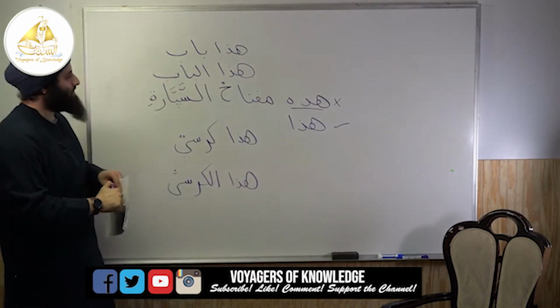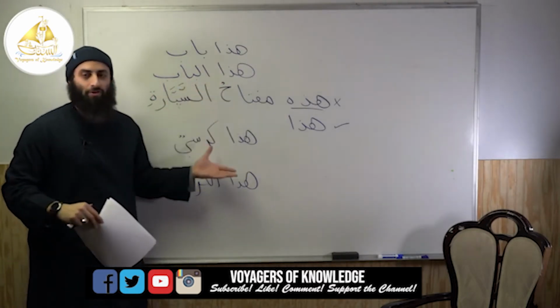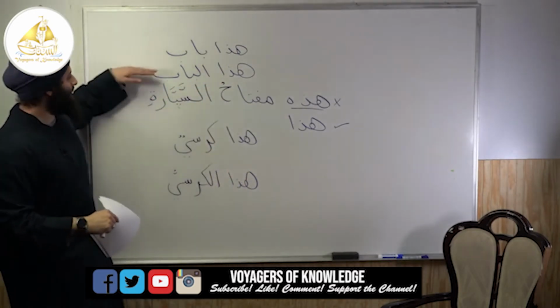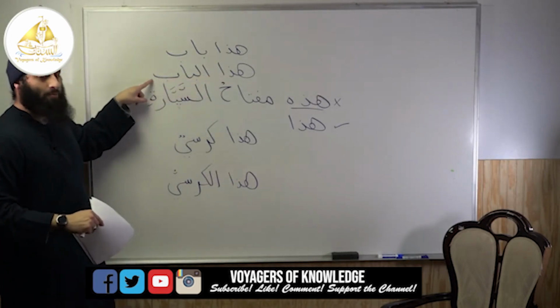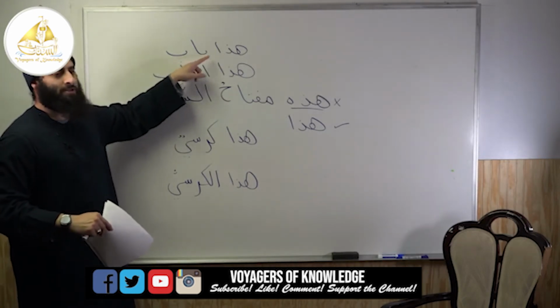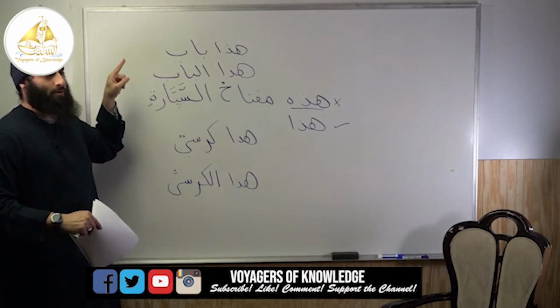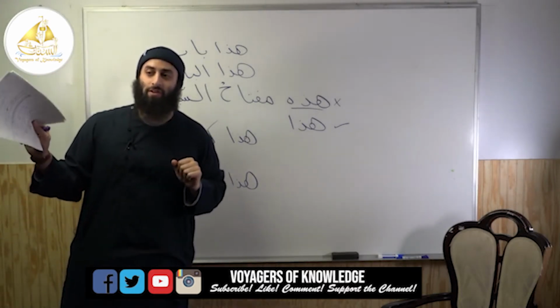Yes. So I should say هذا الباب. And I know online it's going to look really cluttered, but look at this sentence here. This sentence, هذا الباب, means this door. هذا باب means this is a door. You guys see the difference? Yeah. Is it واضح? Yeah.